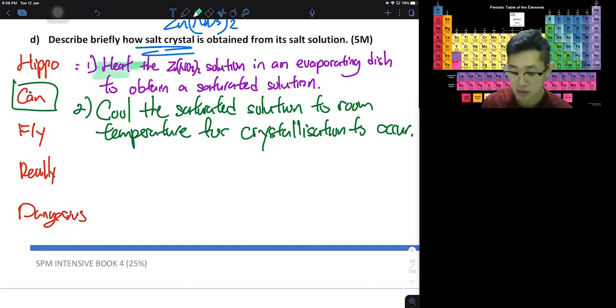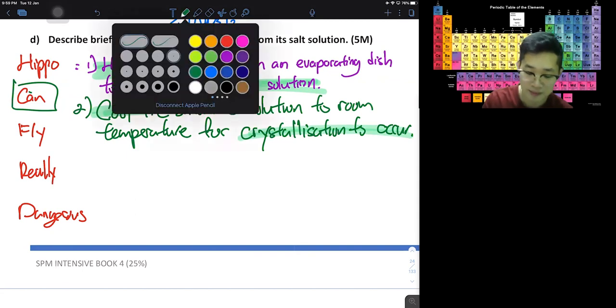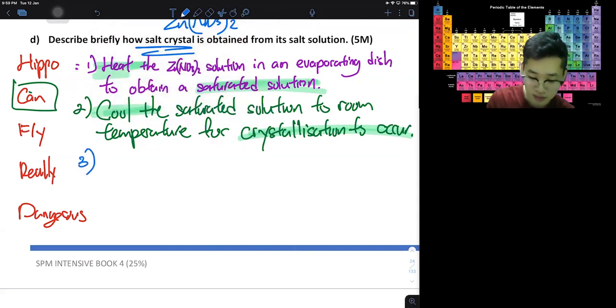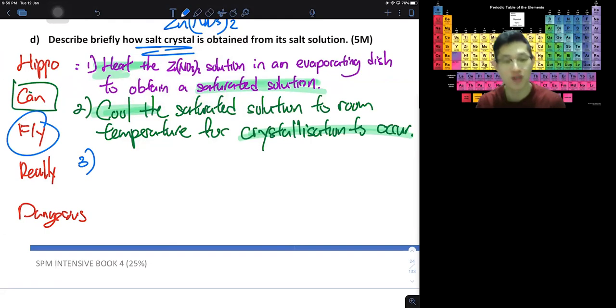Heat saturated, cool, crystallization to occur. Next, filter the salt crystals.